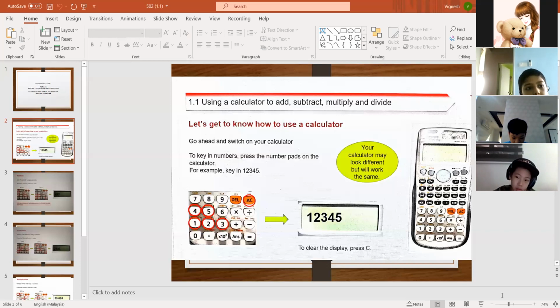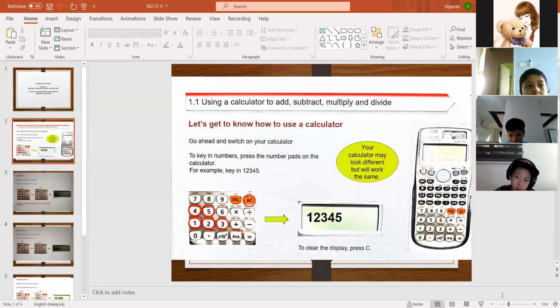So I'm using the same calculator for 15 years. When I was 15 years old I bought this and I'm still using it. Understand or not? If the battery is gone and it cannot work, don't think your calculator is broken. You just have to change the battery.